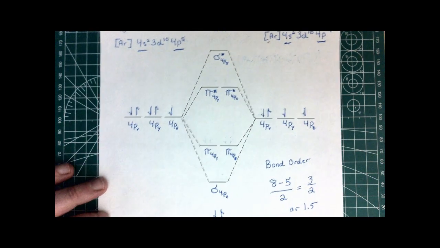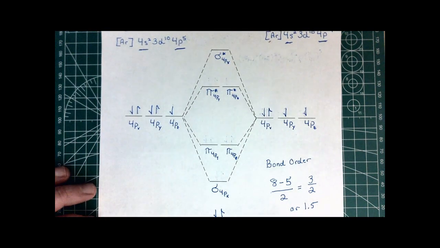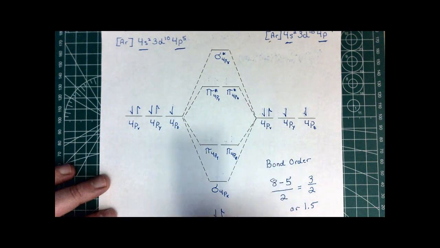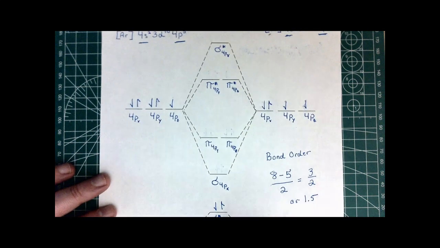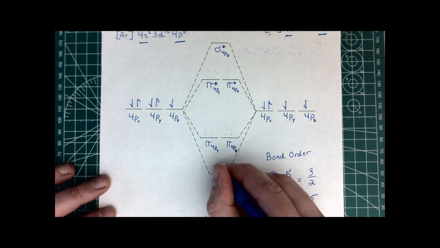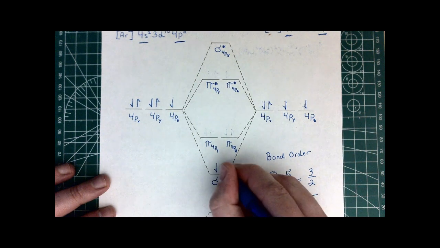And now we have those filled out, and we have to pay attention to how many electrons we have all together. So we have 5 plus 4, which is 9 electrons to fill in our molecular orbitals. We start at the lowest energy state here and fill this one in.